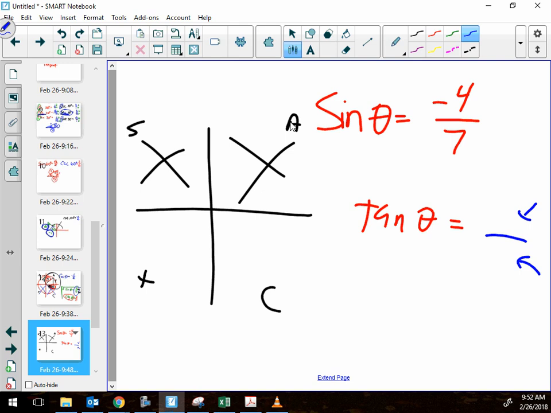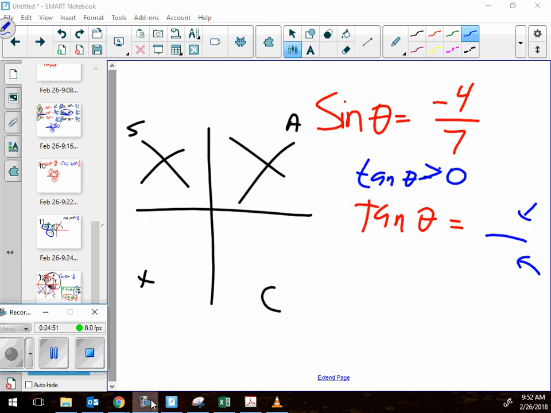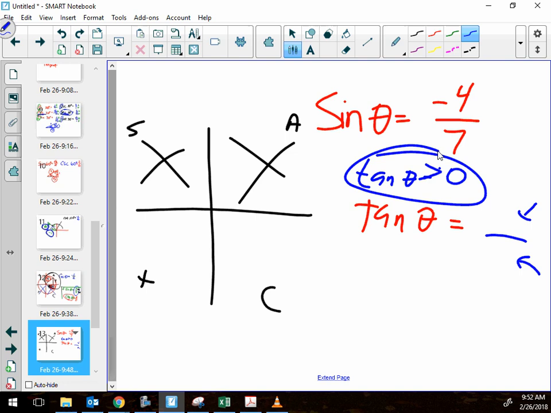But imagine for a moment, they said that tangent of the angle was greater than 0. Do you get that's another way to say that it's positive? If tangent's got to be positive, then I'd have to be in this one. Otherwise, I didn't say anything to give you a reason not to put it here. You could have put it here too. But now that I've said this, I'm going to do it here.